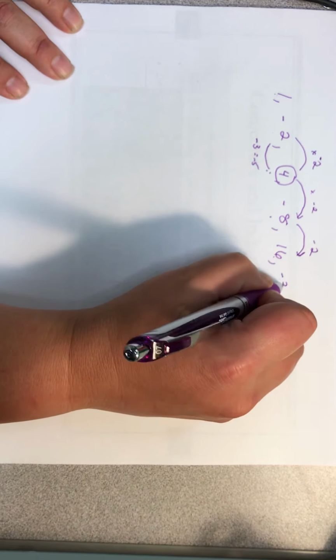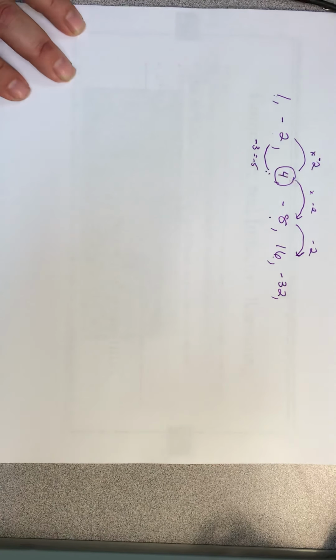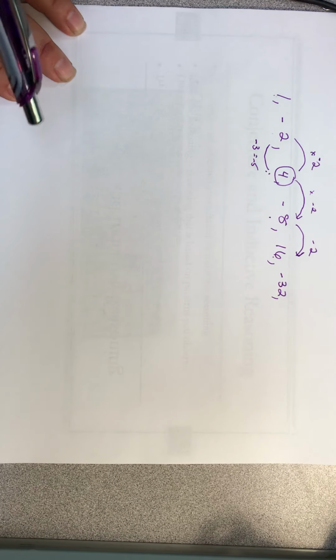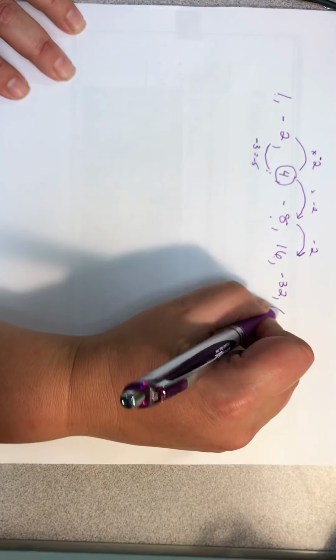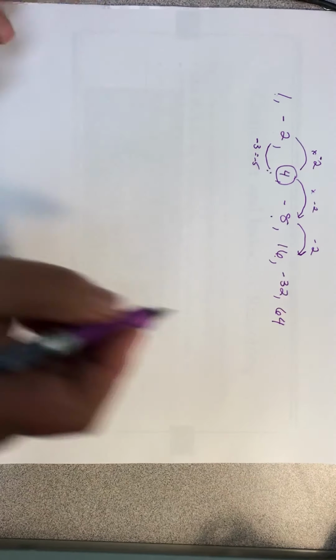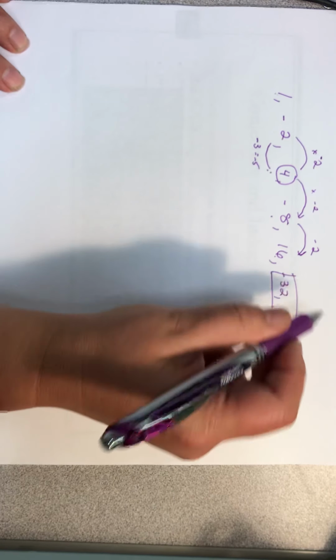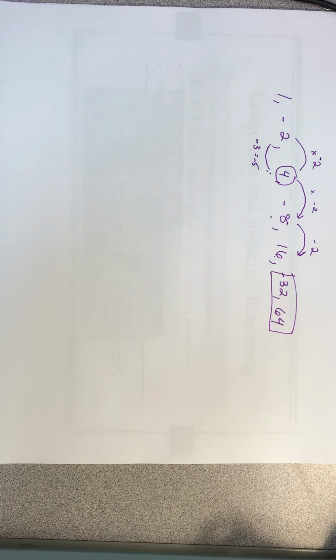That would be -32. What is -32 times -2? That's going to give us 64. So we made a conjecture that these are our next two terms in this series. It's a pretty educated guess, though, based on all of the numbers that come before it and the pattern that we observe, right?